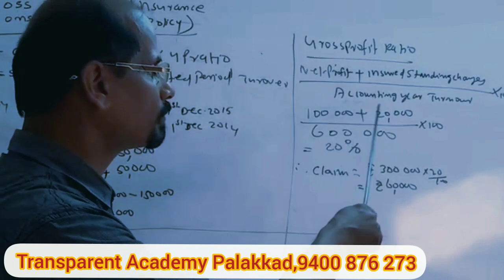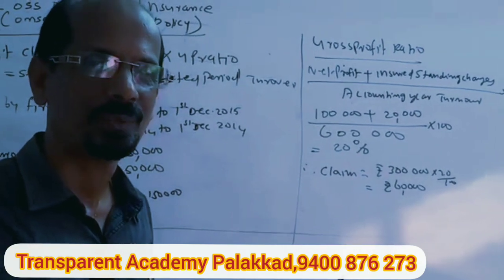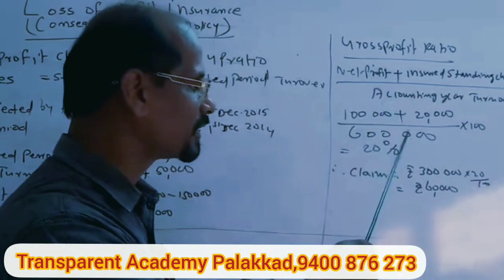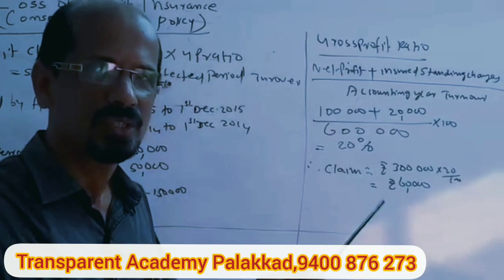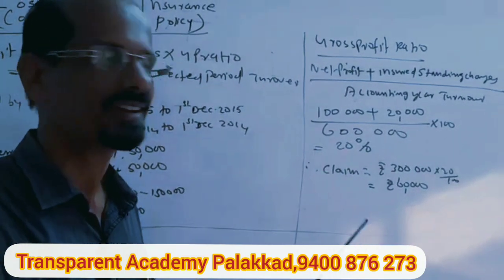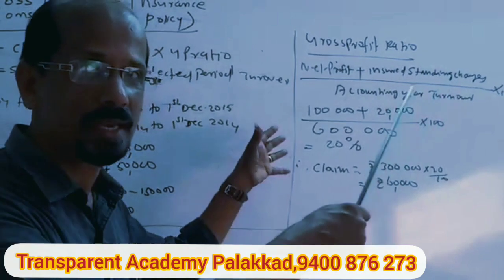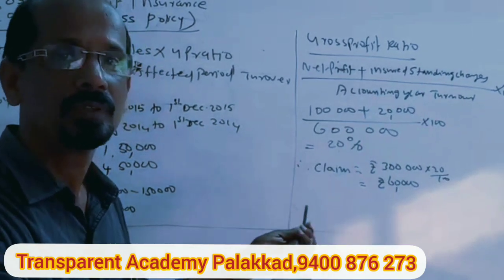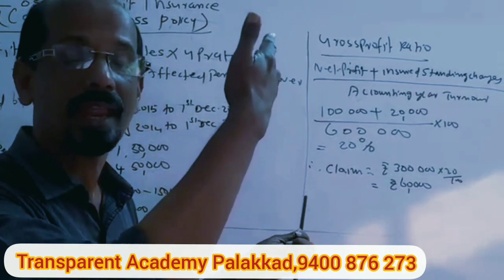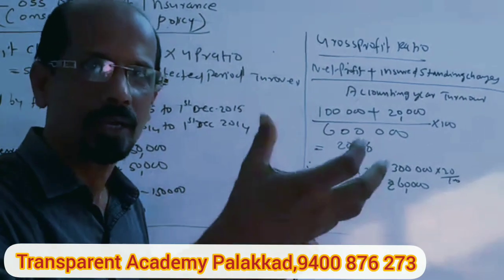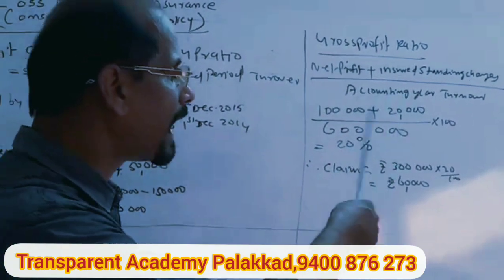So net profit plus insured standing charges divided by accounting year turnover. Accounting year turnover is the turnover in the last financial year, just before the year of fire. Why are insured standing charges added to net profit? These charges had been deducted in the previous year, so in order to cover them, we add them to net profit.